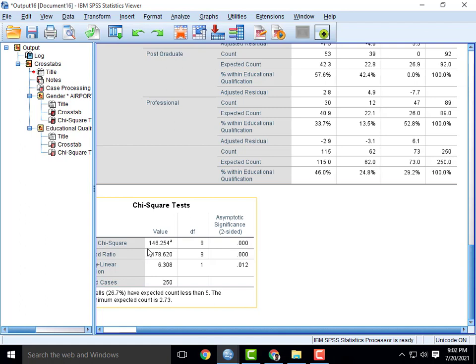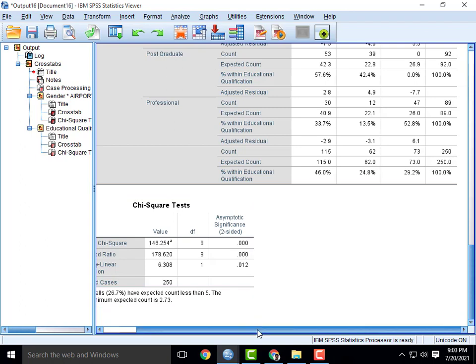Chi-square value is 146.254, 8 degrees of freedom. The significance level is less than 0.05. So we reject the null hypothesis. That is, we can conclude that there is significant association between education qualification and service quality of the airport.